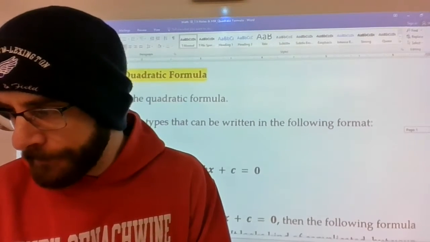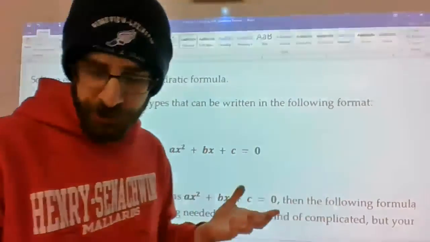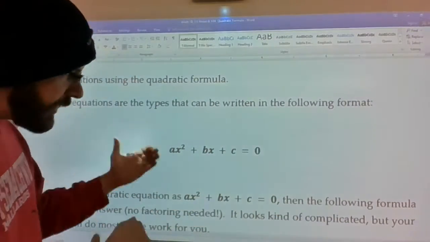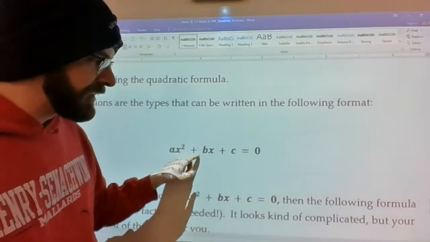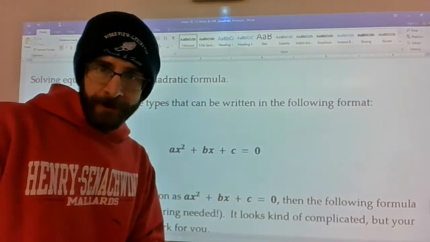I talked about this idea that every single quadratic equation can be written as ax squared plus bx plus c equals 0. And you guys saw that a lot when you did factoring, right?